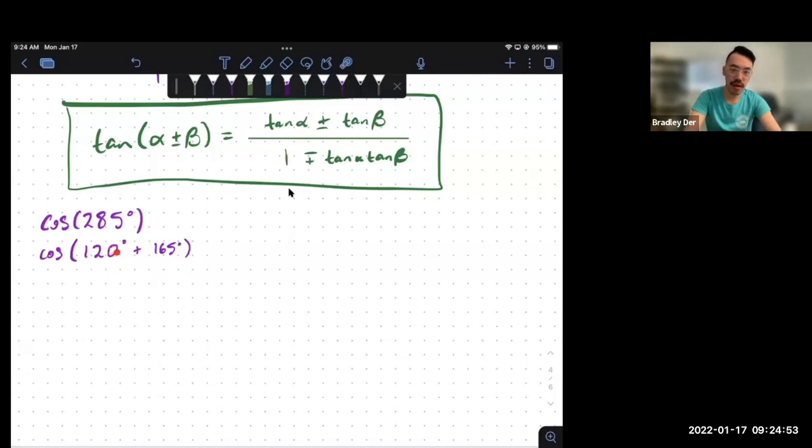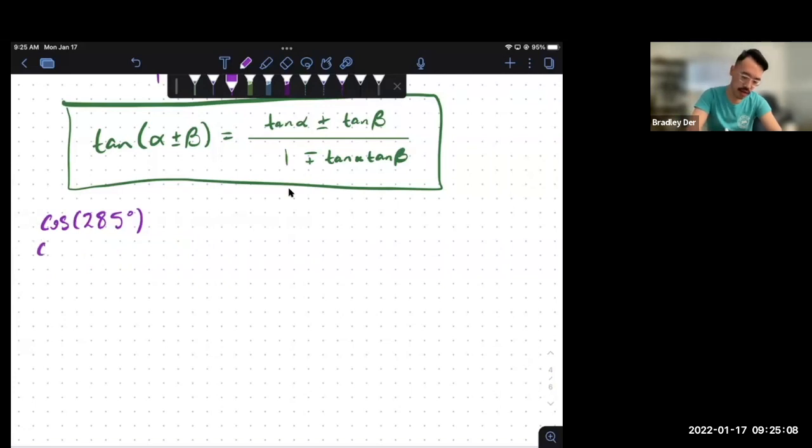Like this would work, and this kind of doesn't. If you're always hunting for pairs of angles, you may spend more time doing that than you actually want to. So again, just look for the 45s.